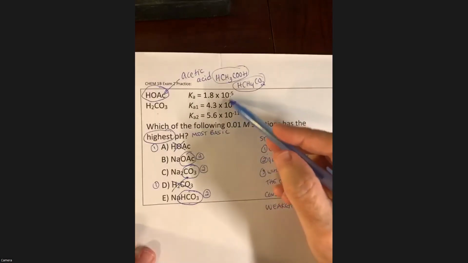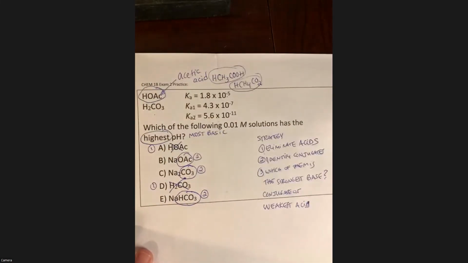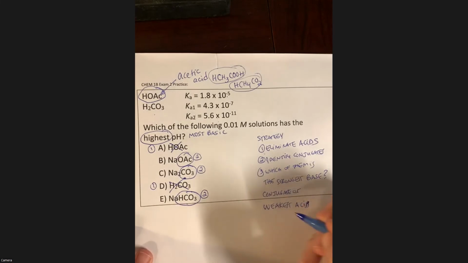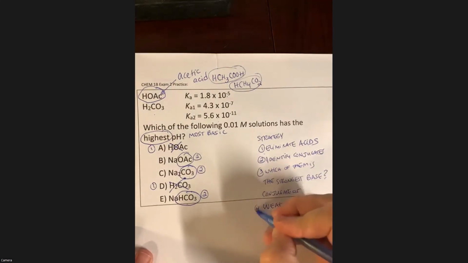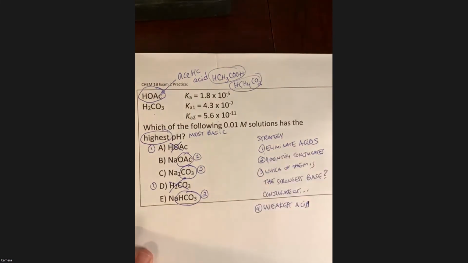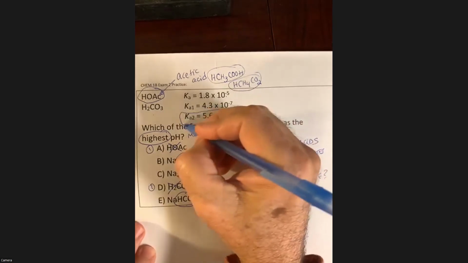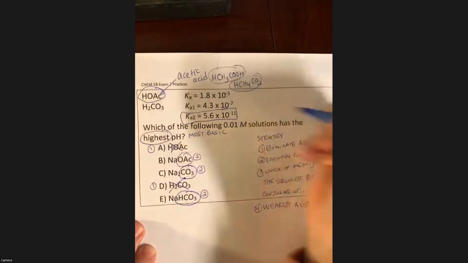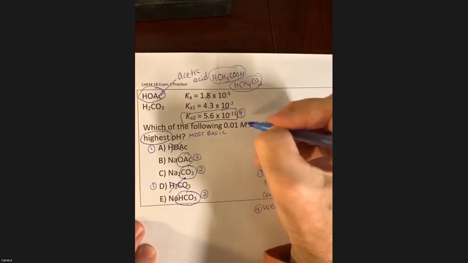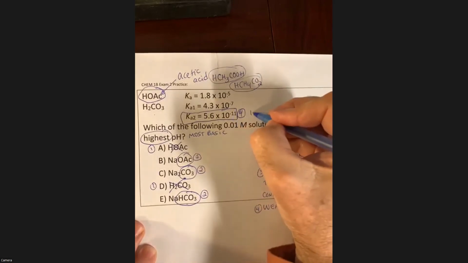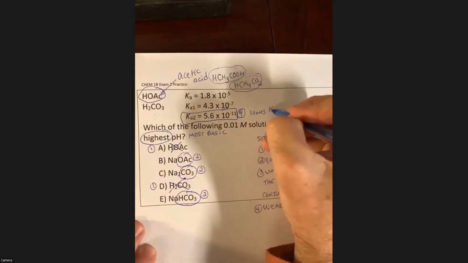Which of these three is the weakest acid? Which of those three is the weakest acid? Ka2. Very good. This guy here, I'm going to put this as point number 4. That's the weakest acid because it has the lowest value of Ka.